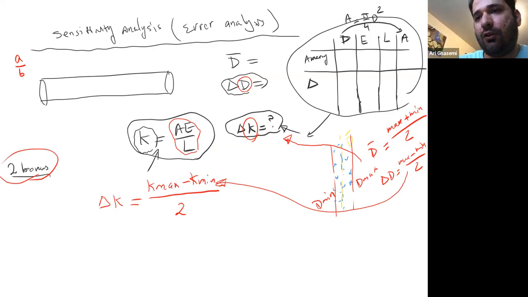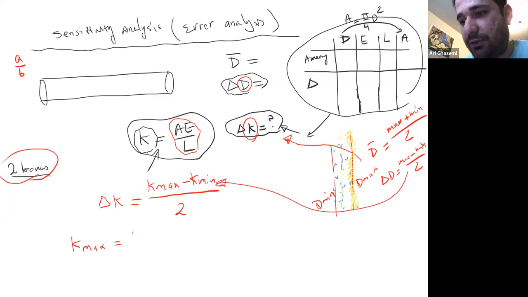So if I do this for K, I can write immediately K max is equal to, when A is maximum. When do I get A maximum? When A becomes the upper bound. Look at this upper bound here, the upper bound of your measurement. So what is the upper bound of my A measurement?